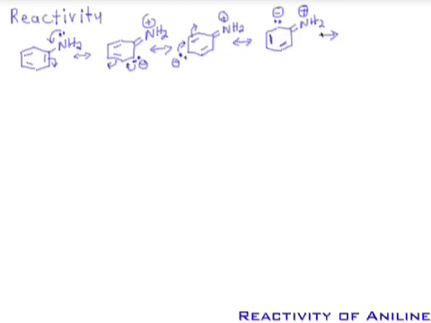Till at last we've gone full circle. This is dumped in. Those pi electrons move back out and then NH2 has its lone pair back.